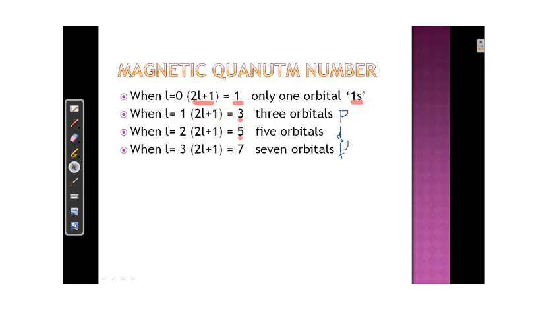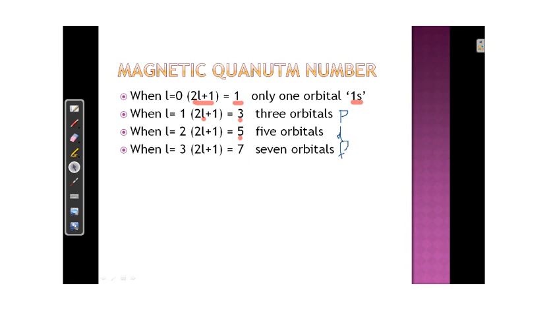So if you see in detail, when l is equal to 0, it is S subshell. According to the rule 2l plus 1, we have only one orbital, that is 1s. And when l is equal to 1, it refers to P subshell. There we have 3 orbitals. Substituting the l value here, we get 3.